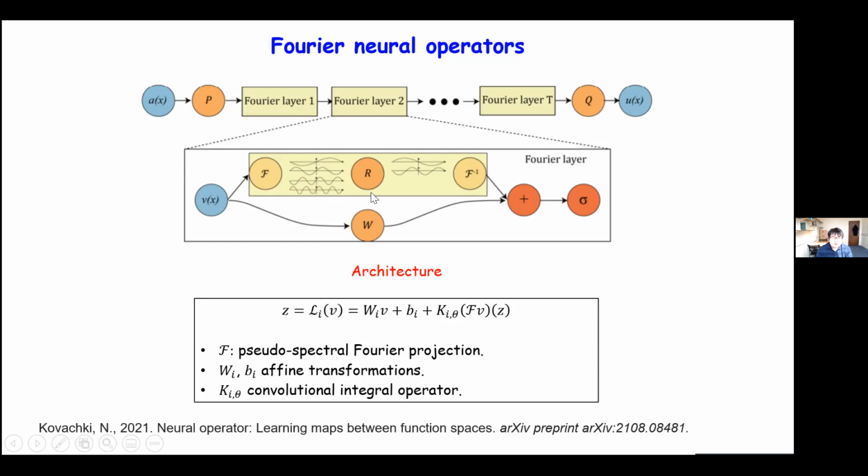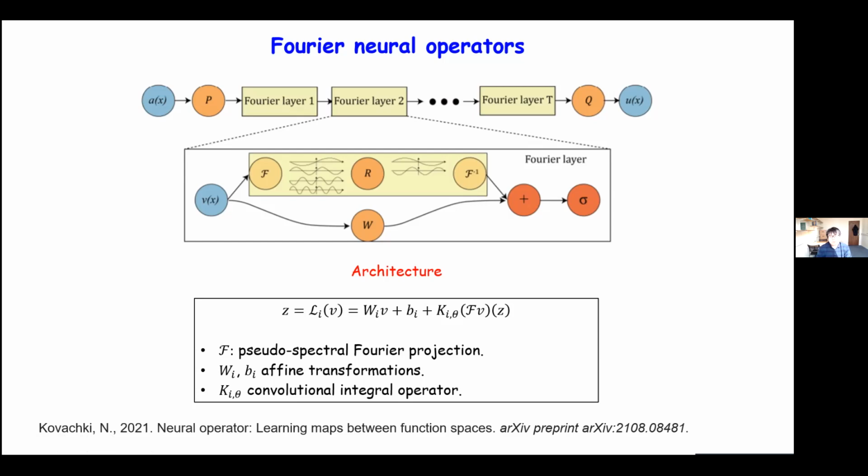Of course, only doing this is not enough, because Fourier transformation only works for periodic functions. To rescue us from only being able to deal with periodic functions, we add a conventional affine transformation with Wi and bi, which really helps us extend this to functions which are not periodic.